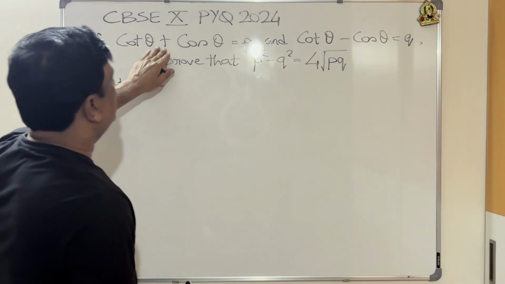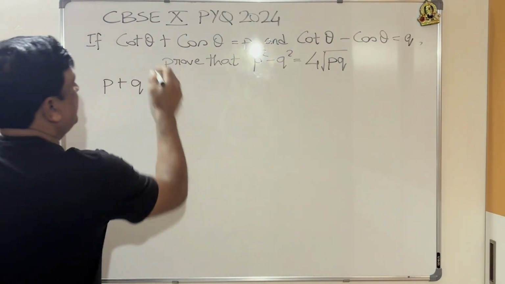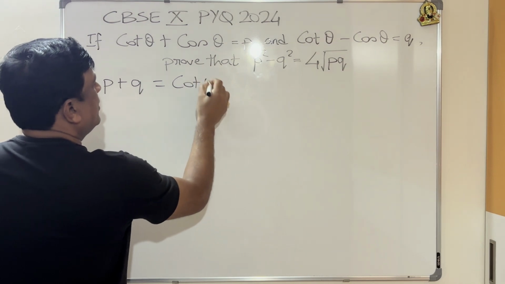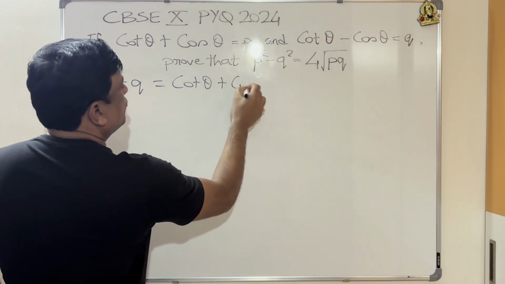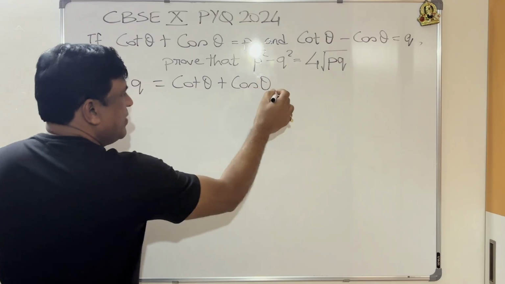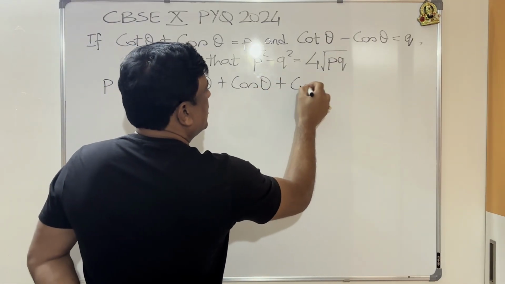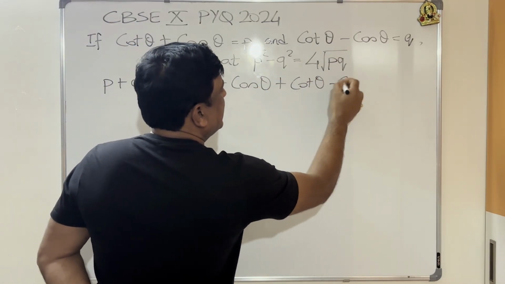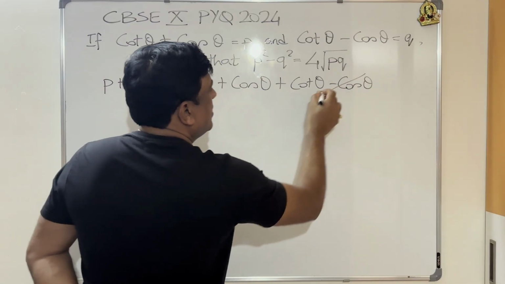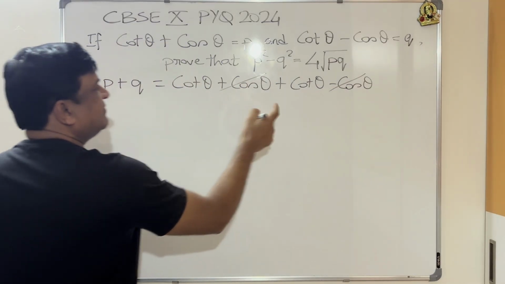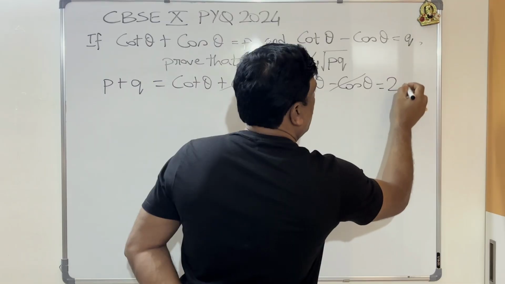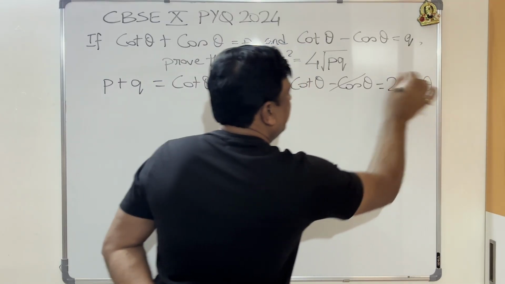P plus Q is nothing but this plus that. So let's do that. What do you get? You get cot theta plus cos theta, that is P, plus Q. Q is cot theta minus cos theta. Minus, these two get cancelled. So you get 2 cot theta. Okay, leave it like that.